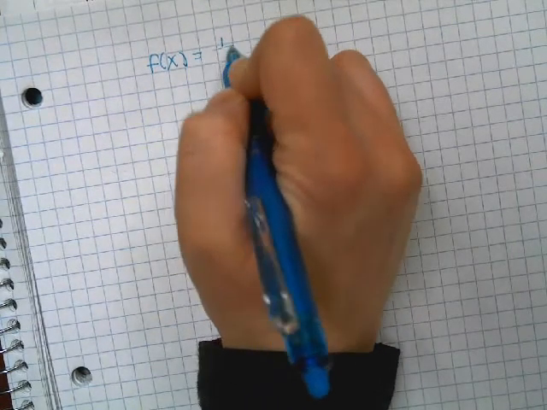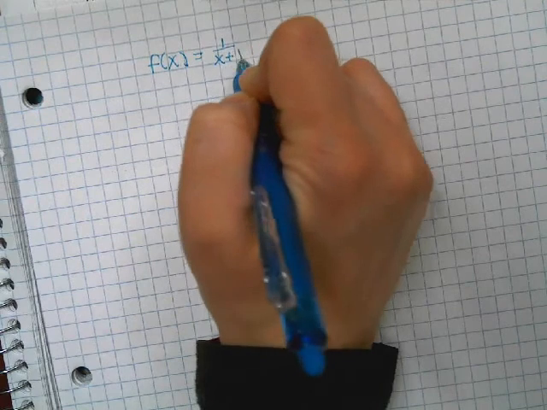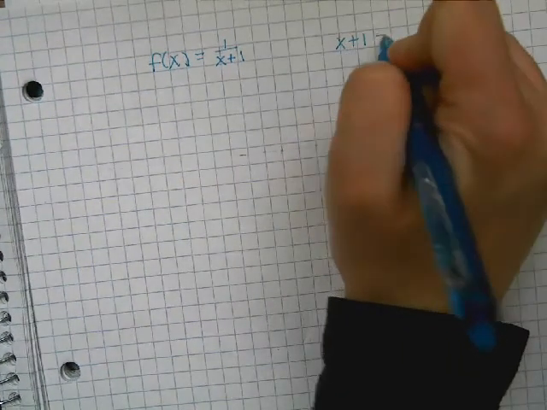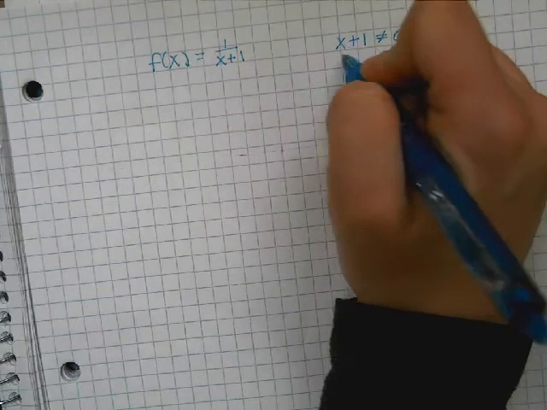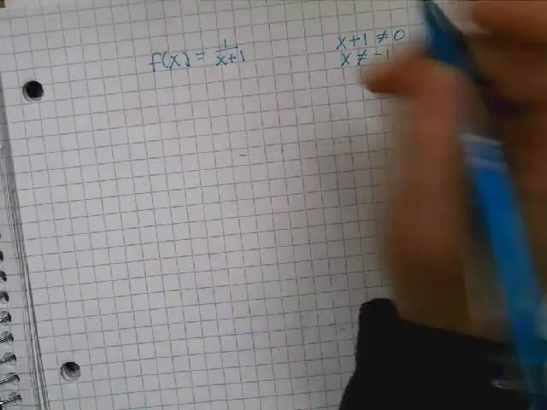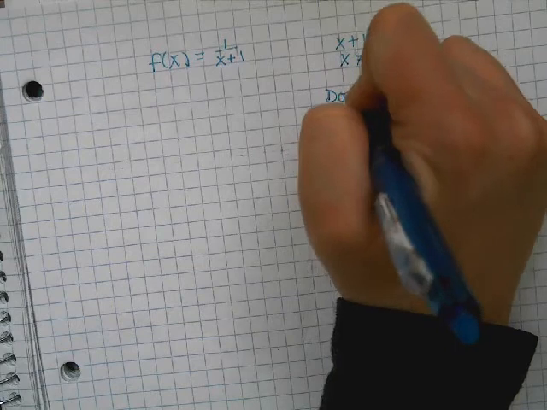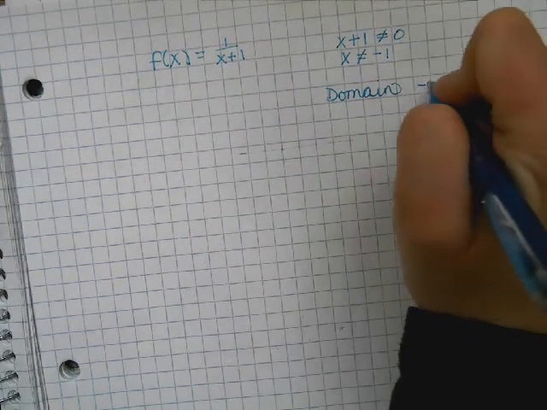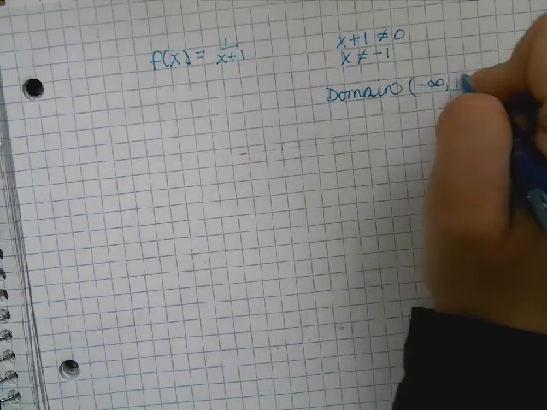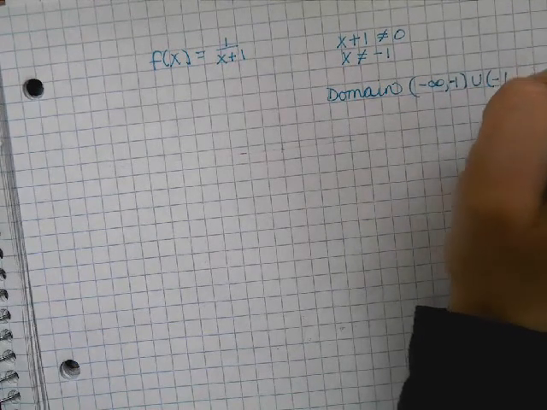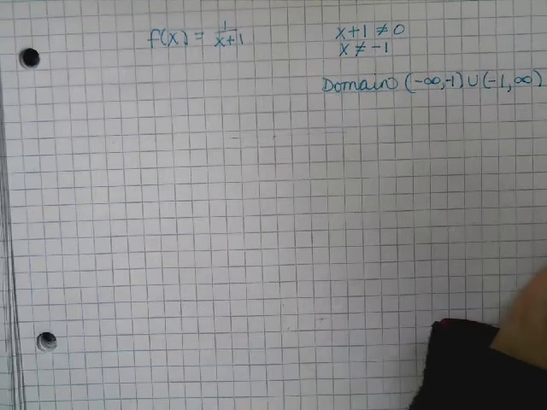As an example, if I have f of x equals 1 over x plus 1, now x plus 1 can't be 0, so negative 1 has to be excluded from the domain. So the domain will be negative infinity to negative 1, and negative 1 to positive infinity.